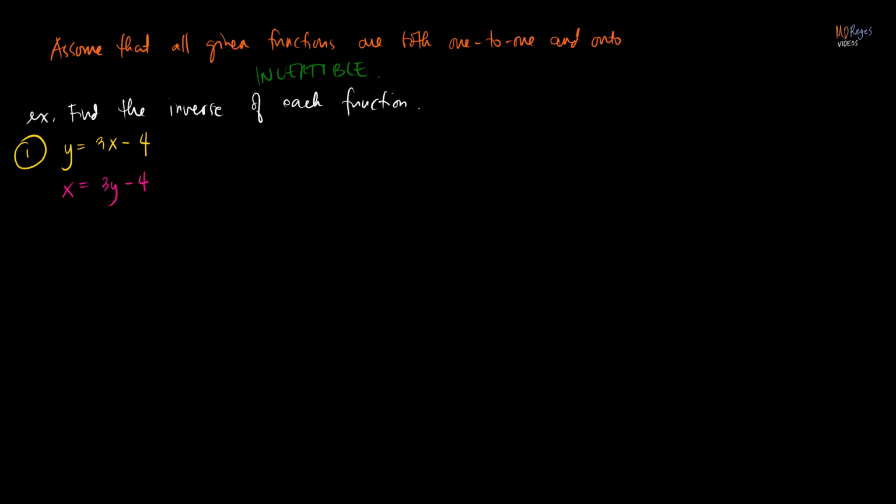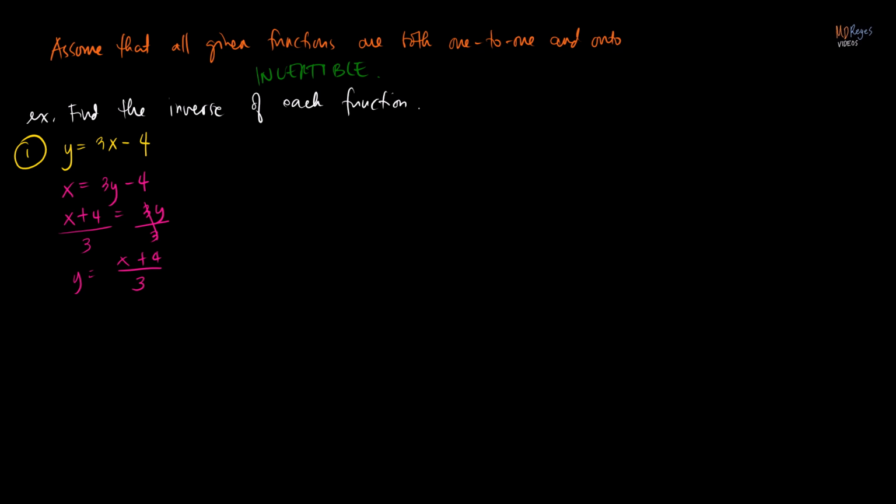And then finally, we write y in terms of x. So transposing negative 4 to the left, you'll get x plus 4 equals 3y. And dividing both sides of the equation by 3, we'll get y equals x plus 4 over 3. This is the inverse of the function, but how do we denote the inverse?